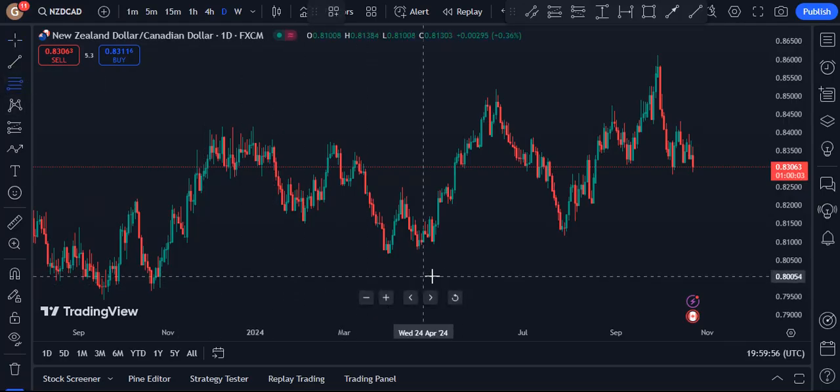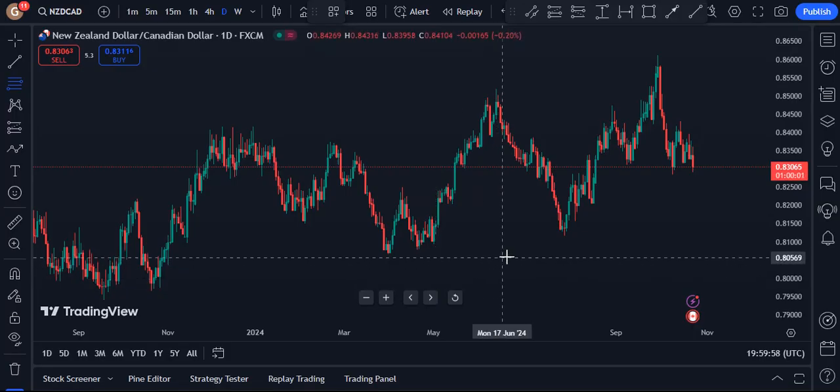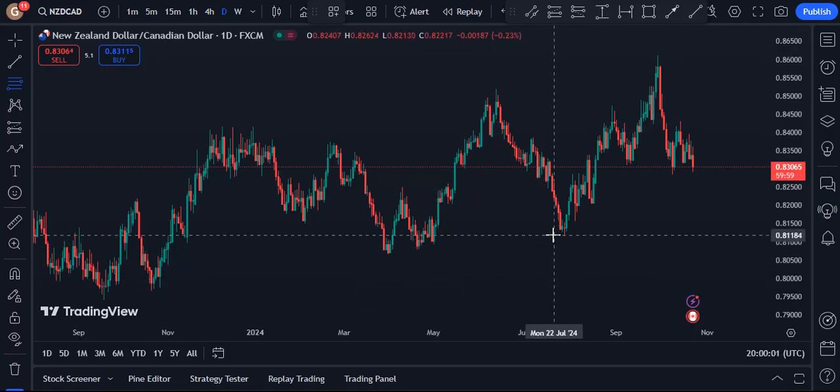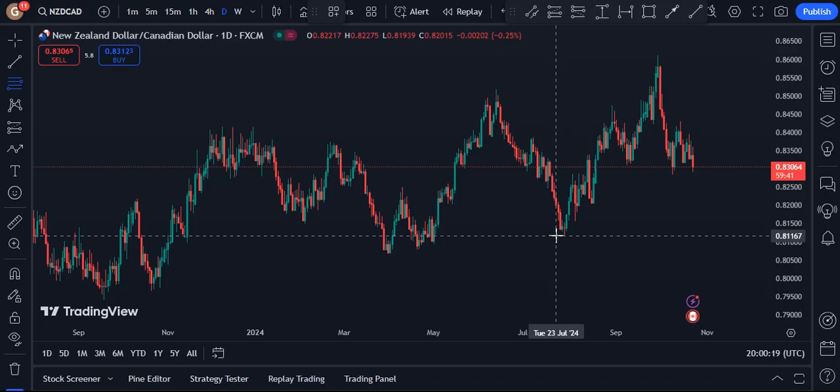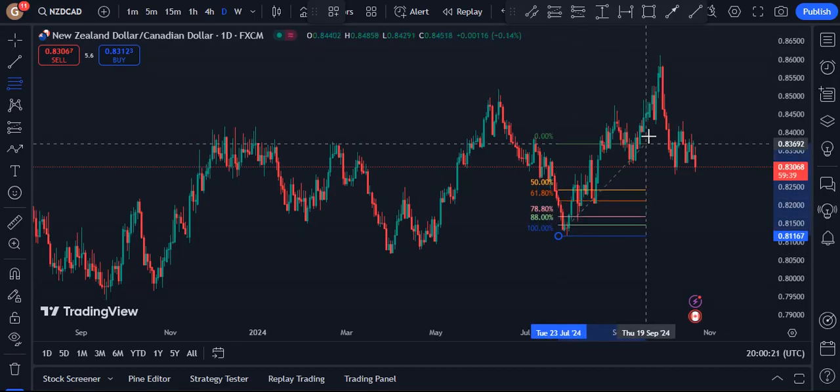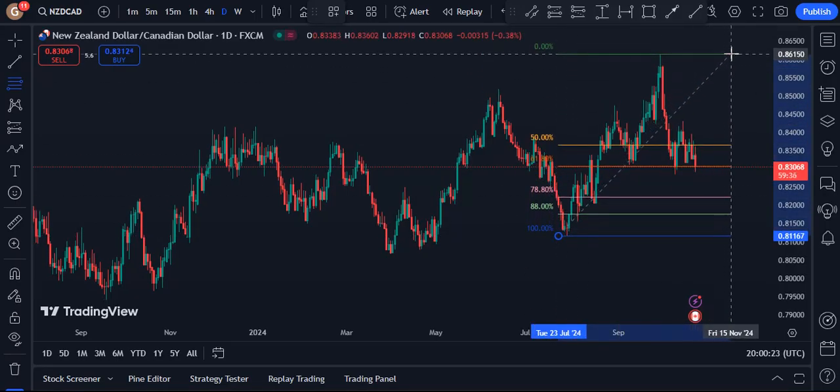You select it, and because we are in a bullish momentum trade, we're gonna put our fib at the previous higher low right here. This is the recent higher low, and we're gonna move the fib upwards to the new higher high that has been made, which is right up there.